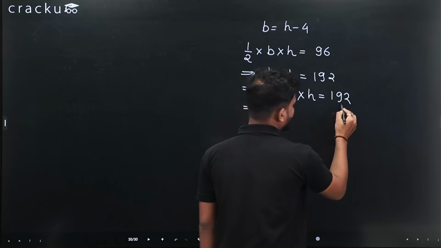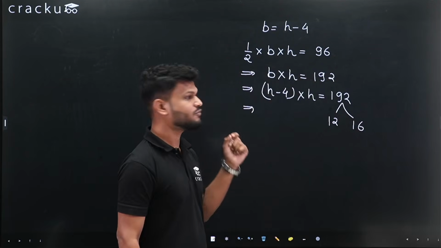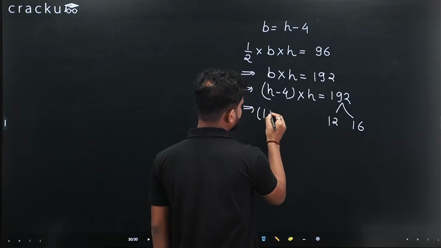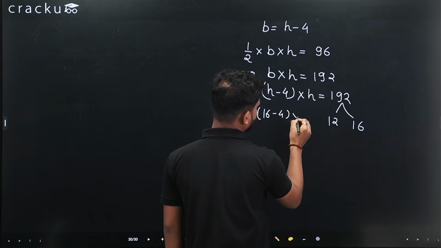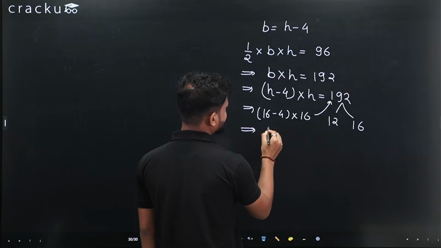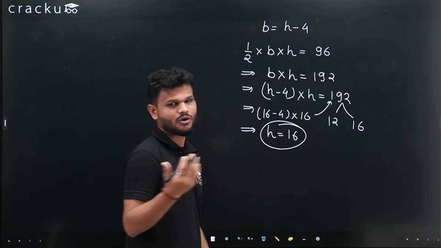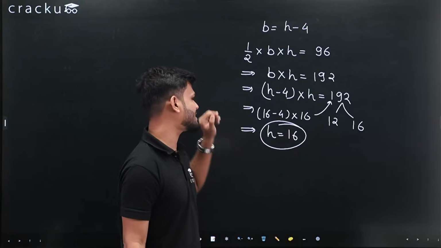Can I write 192 as 12 into 16? Yes. 16 minus 4 into 16 is 192. So from here I can say h is equal to 16. You can solve this by a quadratic equation also, but this is a faster method.